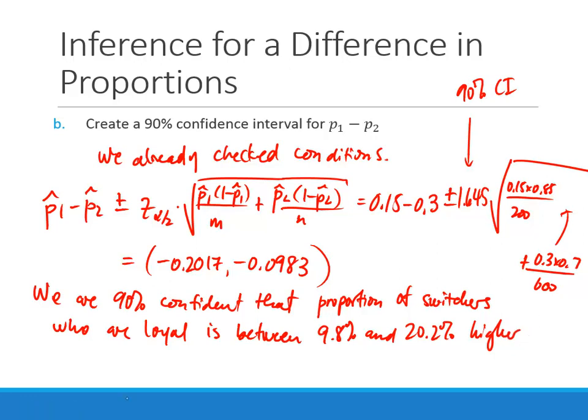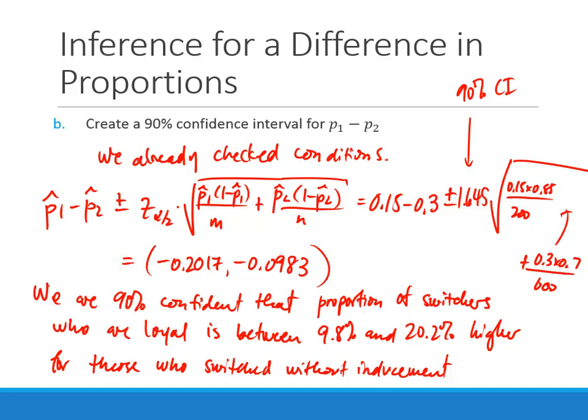So the proportion of switchers who are loyal is higher for those without inducement. Okay, so we're 90% confident that the proportion of people who switch to this brand who are loyal is between about 10% and 20% higher for those who switched without inducement.